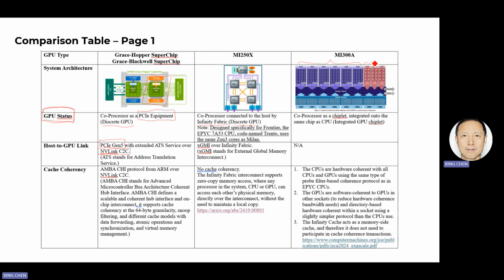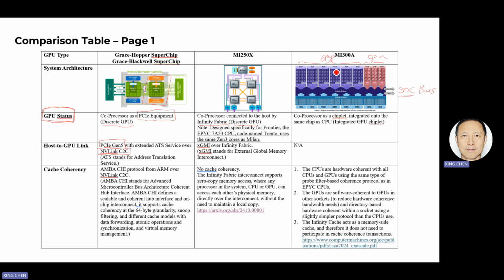They are connected to the SoC bus, system on chip, which is an Infinity Fabric link. They are connected to the Infinity Fabric the same way as the CPU, as the CCD. This is the CPU, this is the GPU.